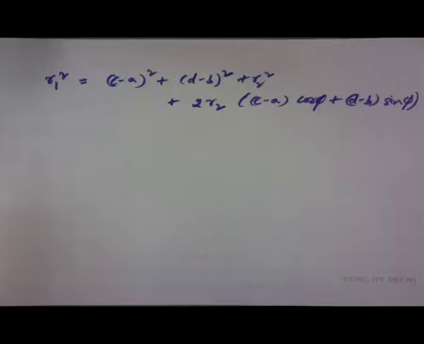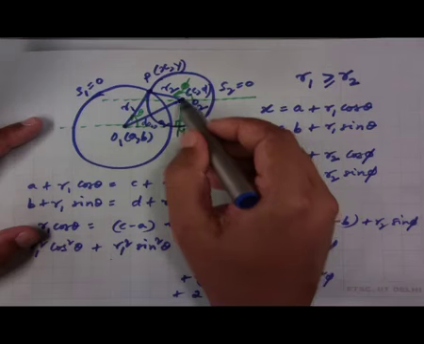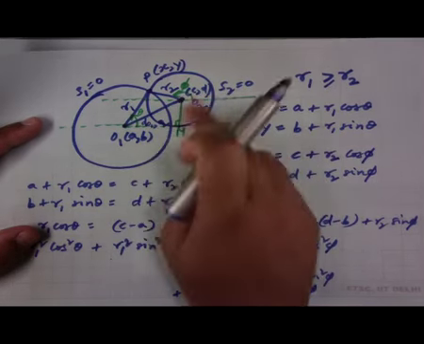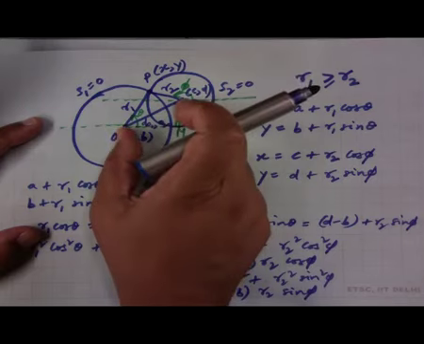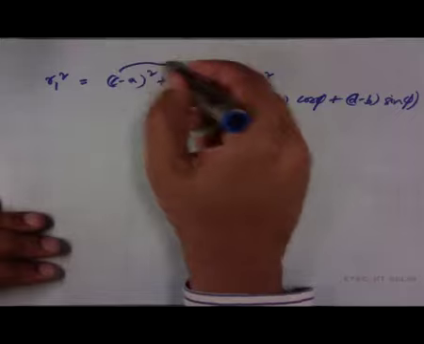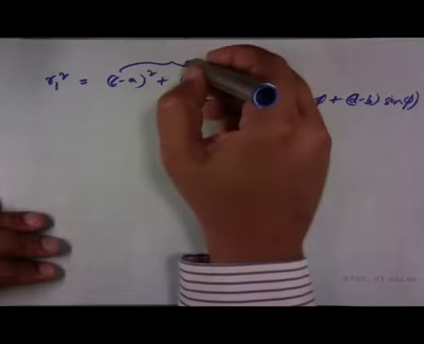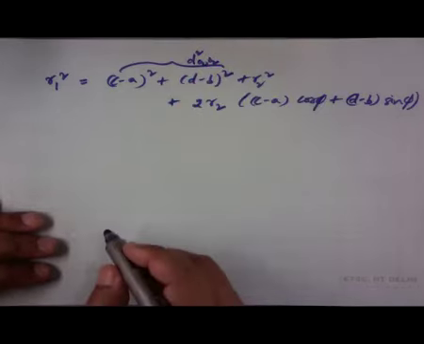Now, c minus a whole square plus d minus b whole square is nothing but the squared length of the distance between the two centers, which we can denote by d O1 O2 square.